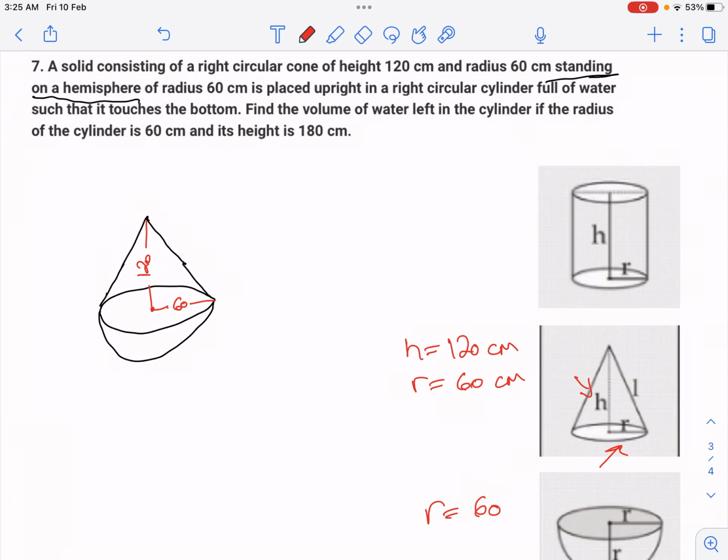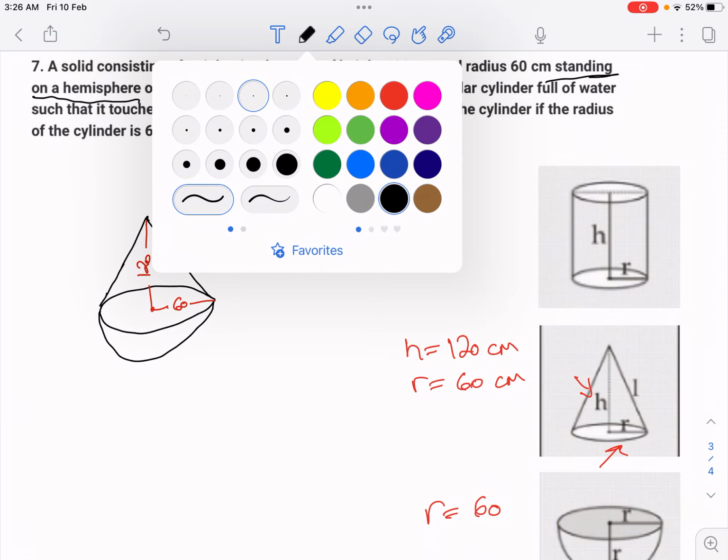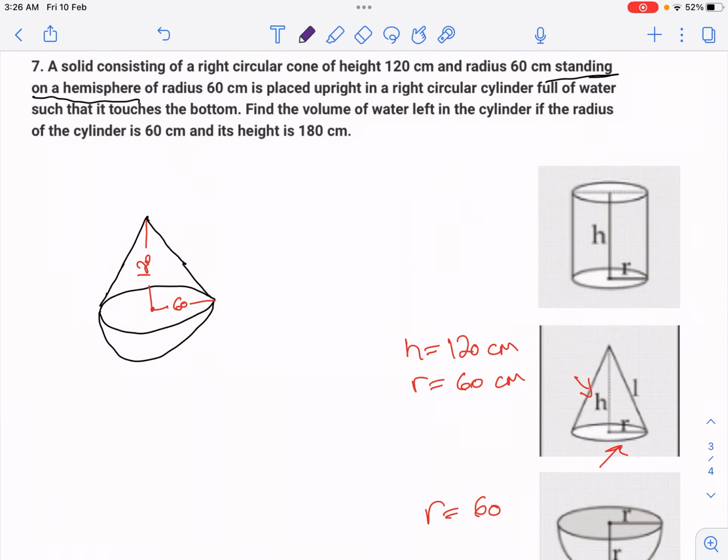Okay, so we are going to continue reading the question. Of 60, is placed upright in a right circular cylinder full of water. So both of these two shapes, the cone shape and the hemisphere shape, are inside the cylinder. So we have to draw a cylinder with this shape inside the cylinder. I am going to choose different colors so you can see it more clearly.